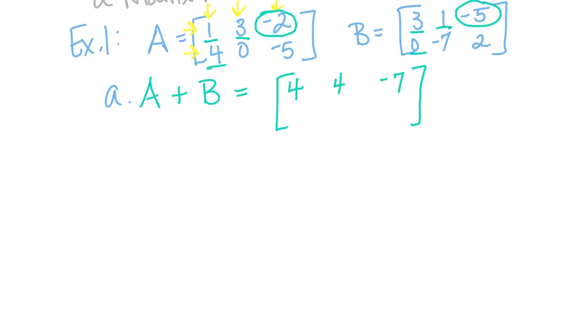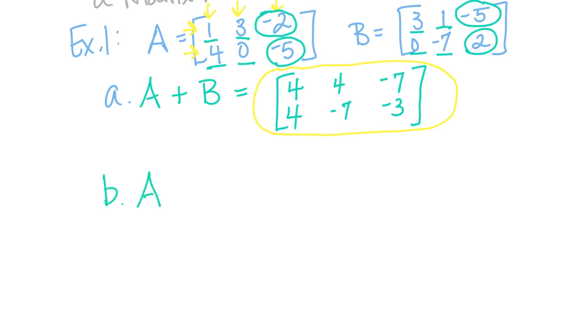Next, 4 and 0 is 4. 0 plus -7 is -7. And -5 and 2 is -3. So the answer to A plus B is 4, 4, -7, 4, -7, -3.